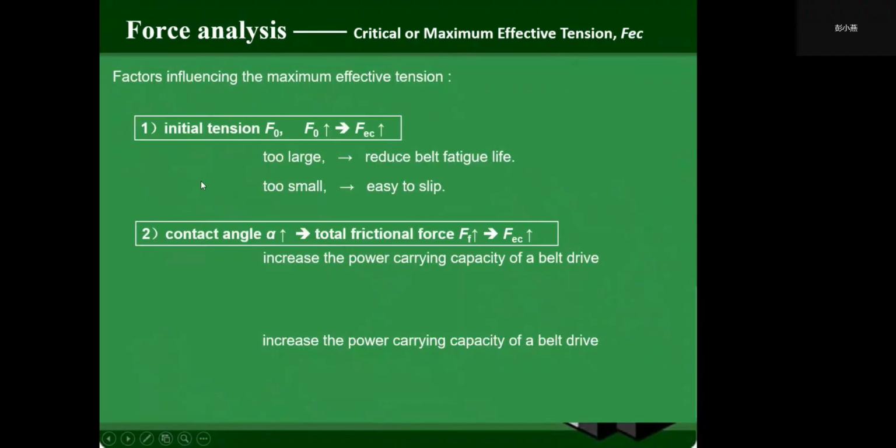These are factors that influence the maximum effective tension FEC: the initial tension F0, the contact angle alpha, and the coefficient of friction f.